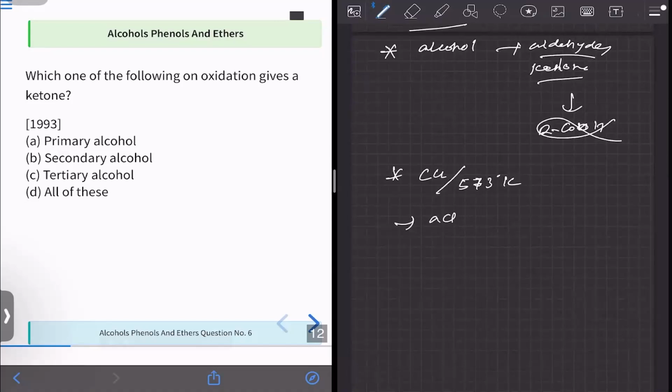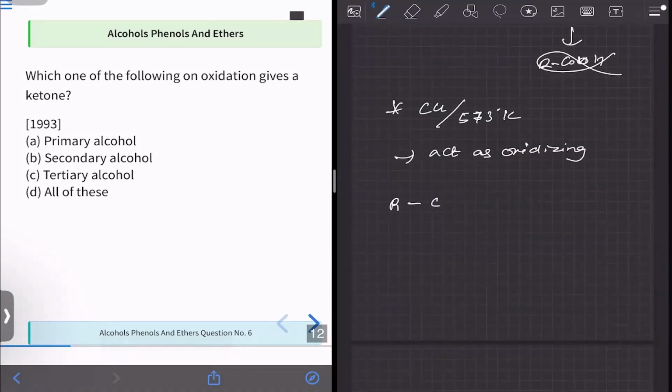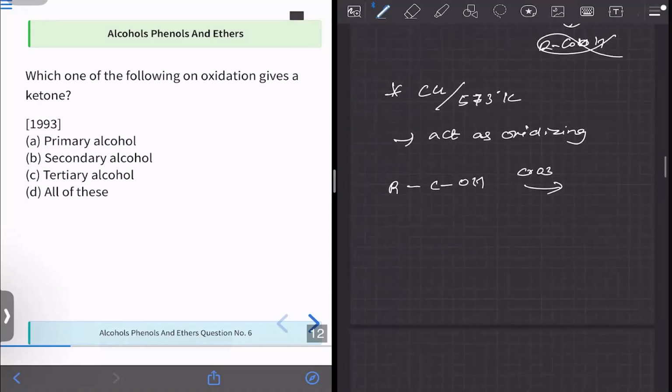It also acts as an oxidizing agent. For example, whenever primary alcohol RCH2OH undergoes oxidation in the presence of CrO3, it produces RCHO, an aldehyde.